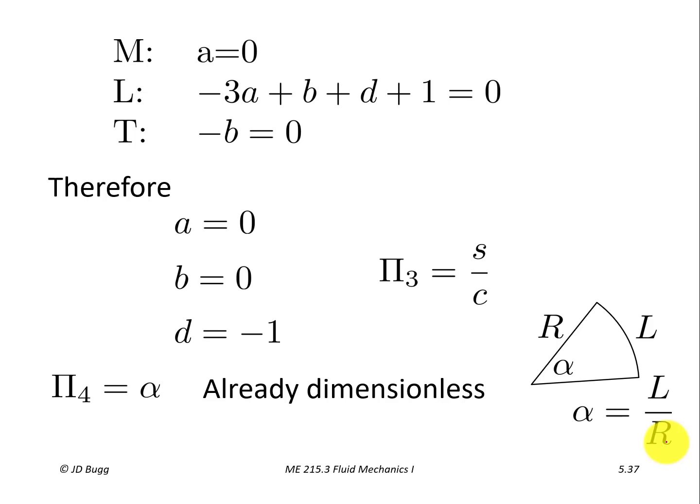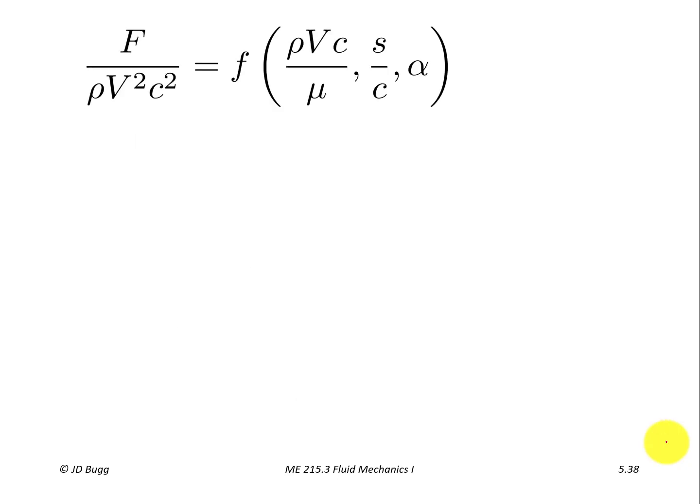So with these two new dimensionless groups, then we can express our new functional form. So we have our drag coefficient here as a function of three dimensionless groups now. Our Reynolds number, as we got before, but our S over C ratio and our alpha. And this is called the aspect ratio of the wing, a very, very common parameter and a very important parameter in aerodynamics.